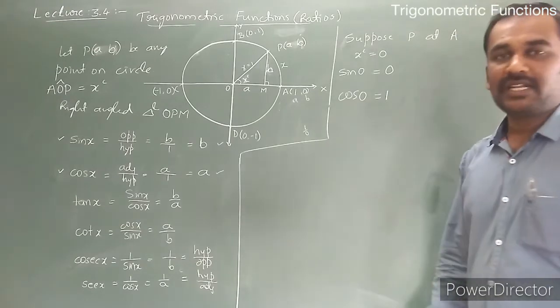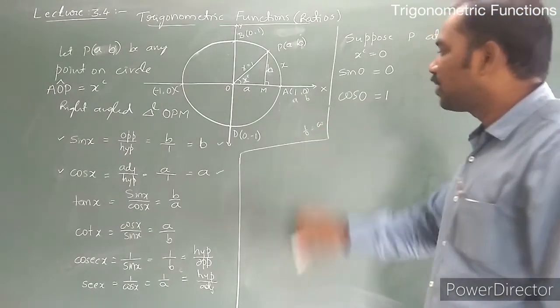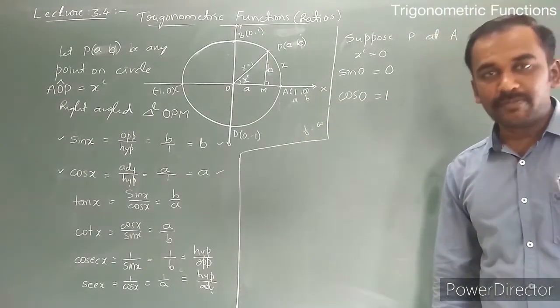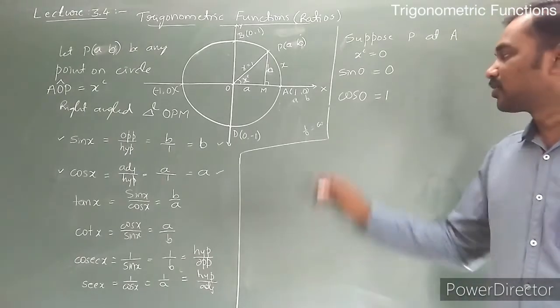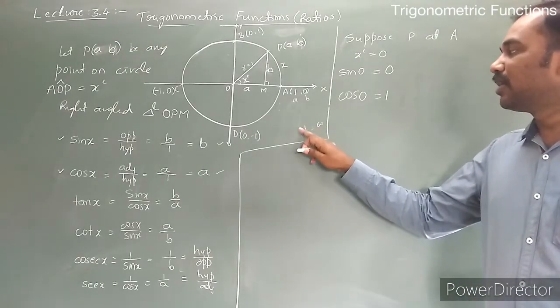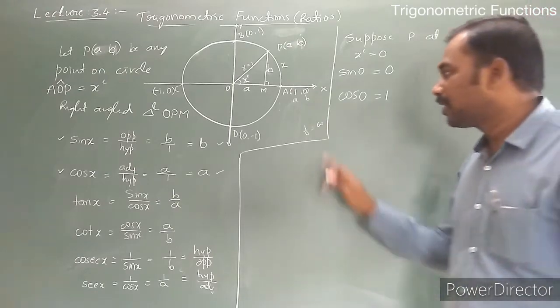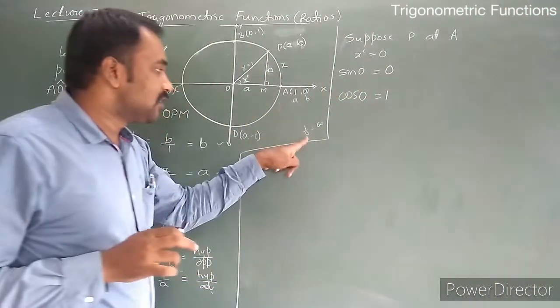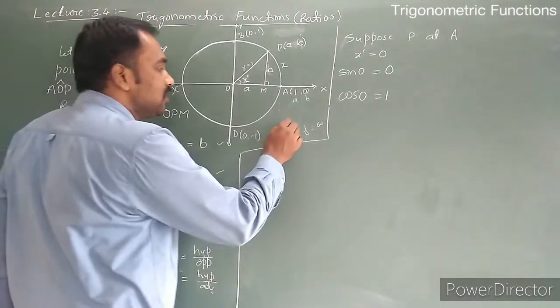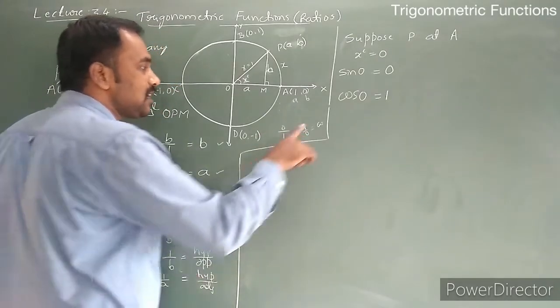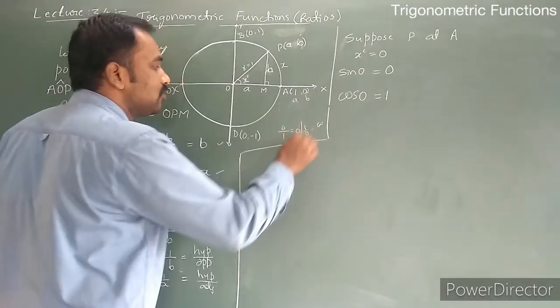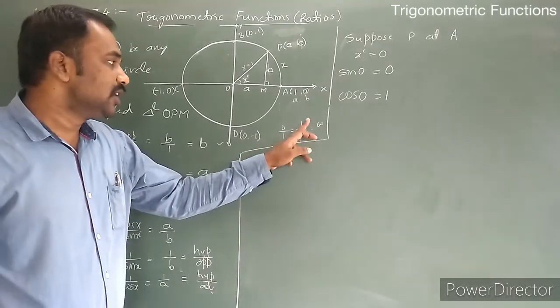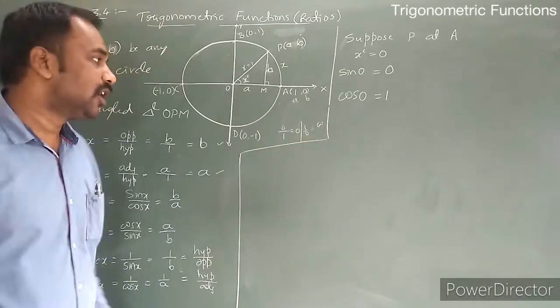What is 1 divided by 0? 1 divided by 0 is not defined or infinity. Remember, any number divided by 0 is not defined. 0 divided by any number is 0. Any number by 0 is not defined.